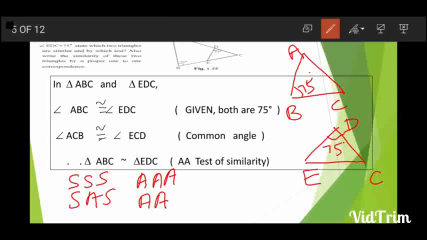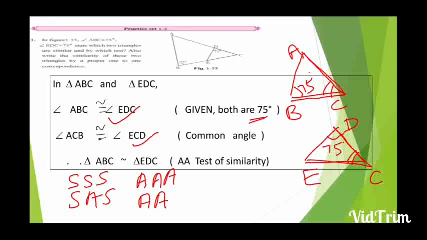So here I came to know that angle ACB and angle DCE are both congruent. Why? Because they are a common angle. That is what I have written over here. Angle ACB is congruent to angle ECD, common angle, and angle ABC is congruent to angle EDC. They are both 75 degrees, given.